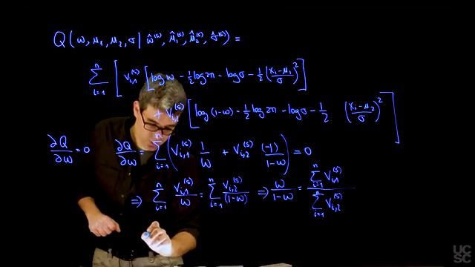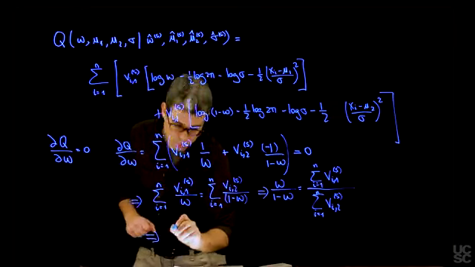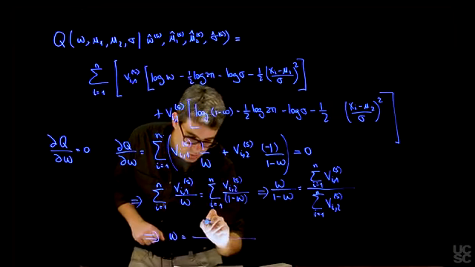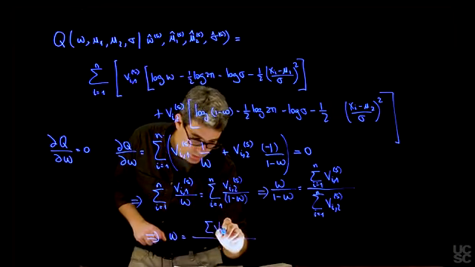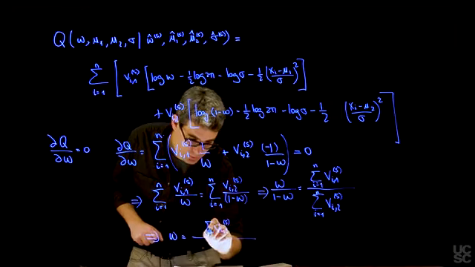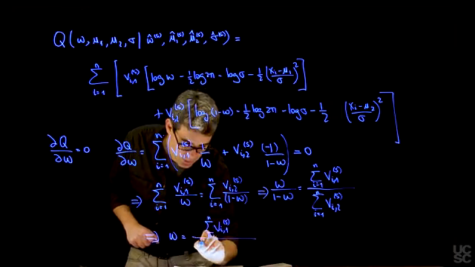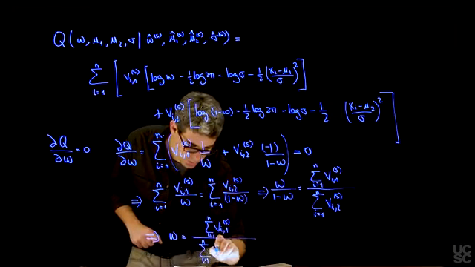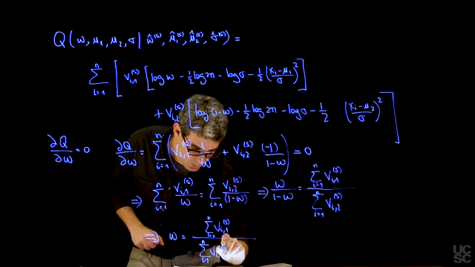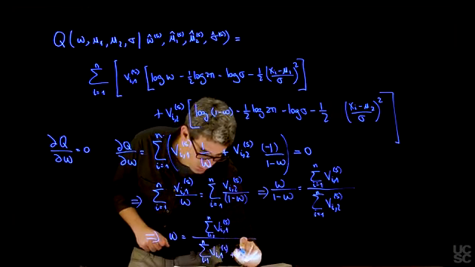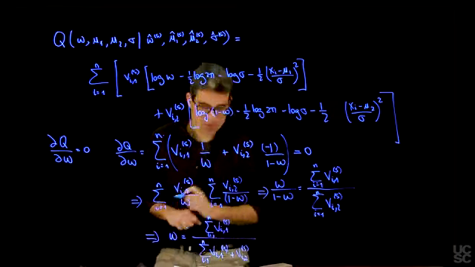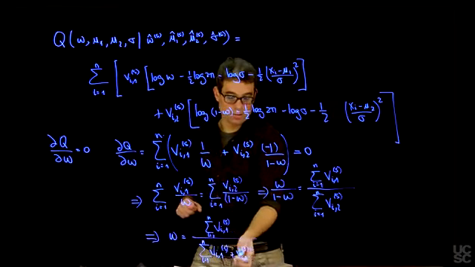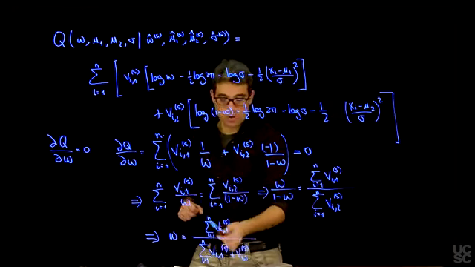And with a little bit of additional algebra, we get that omega has to be equal to the sum of the bi1s from 1 to n divided by the sum from 1 to n of, again, bi1s plus bi2s. But remember that bi1s and bi2s have to add up to 1.